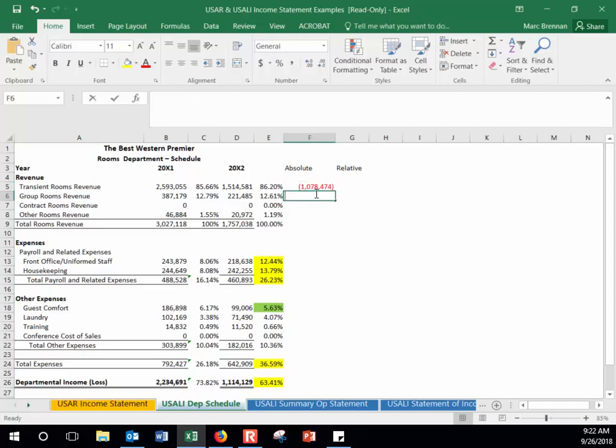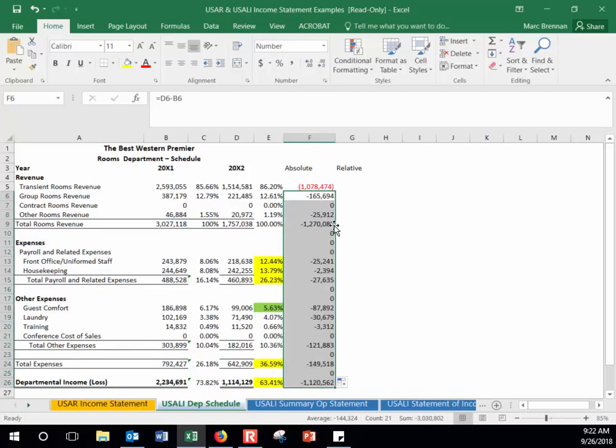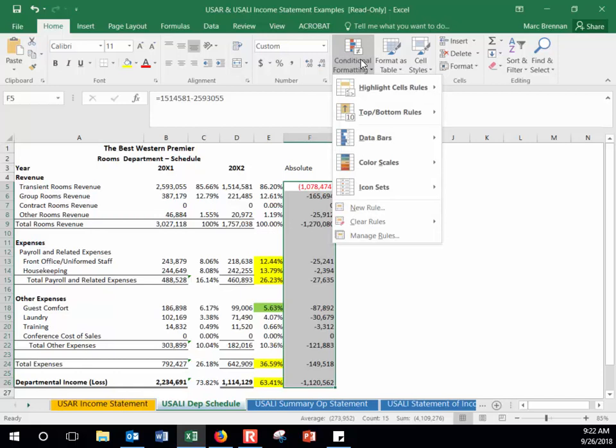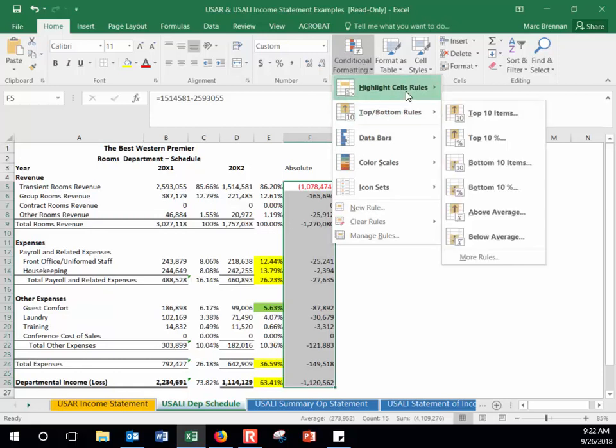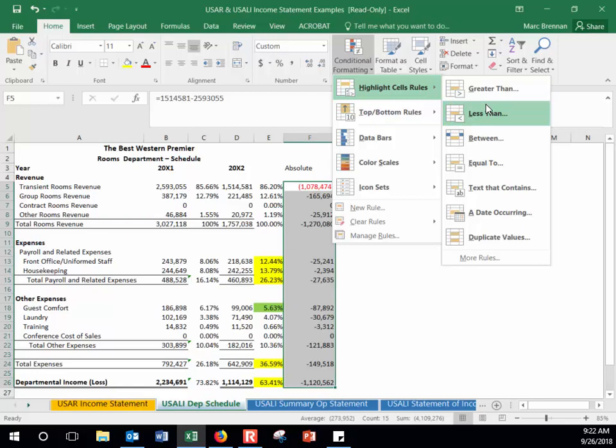Now I'm going to use cell referencing because it should be easy. 2012 minus the previous year, and we're going to click and highlight, and fill. Now that we're using cell referencing, we'll get rid of the zeros in between where we don't need them. You can use conditional formatting: top, bottom rules, highlight cells, less than.